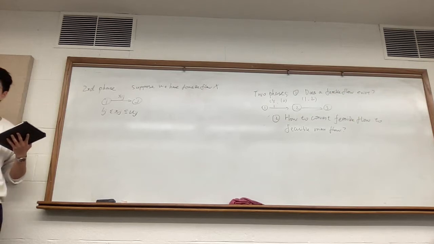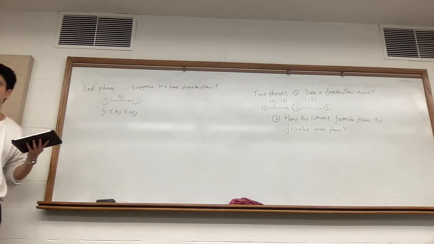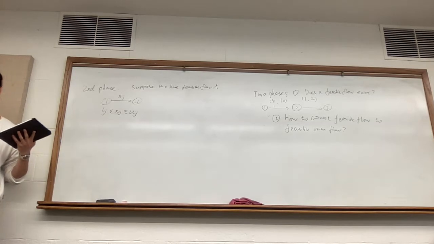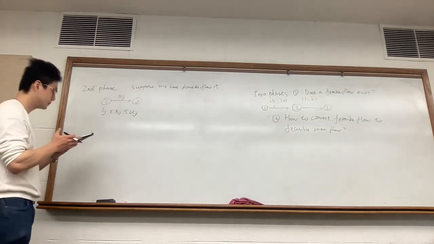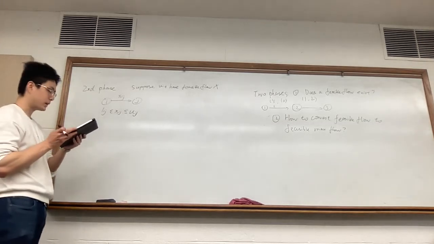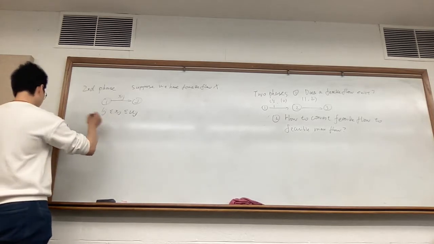Is it possible for you to decrease the flow on some arc so that the overall flow is increased? Is it possible? Actually, it is possible. Okay, so Thomas is almost correct. So just take this example.